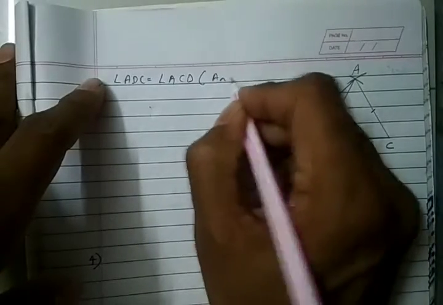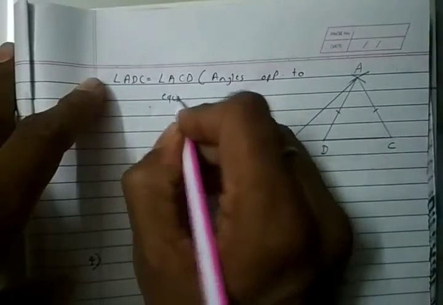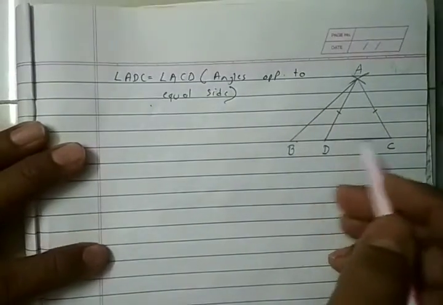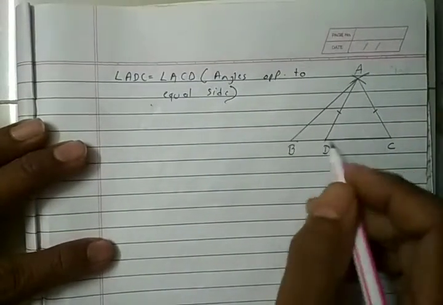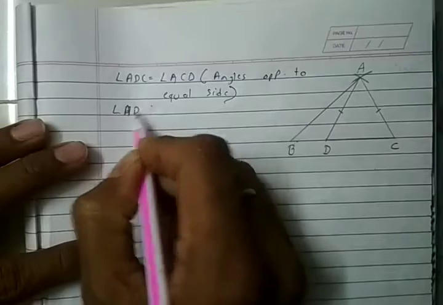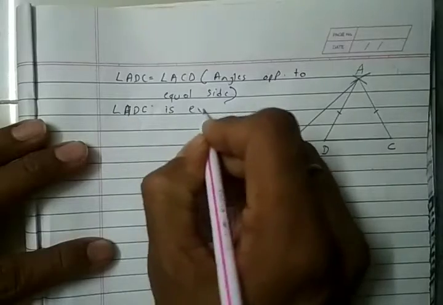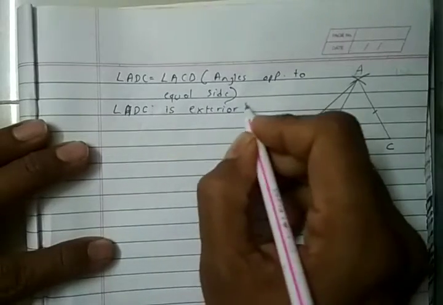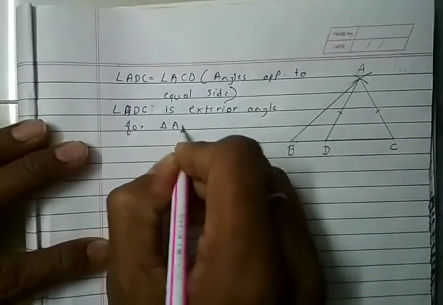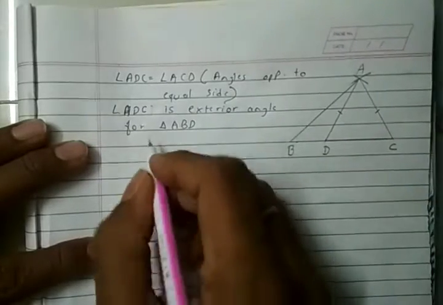Because angles opposite to equal sides are equal; these two sides are equal, so the opposite angles will be equal. Now this angle ADC is the exterior angle for triangle ABD.